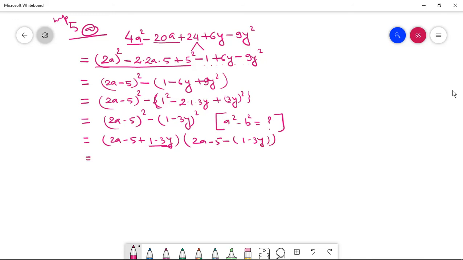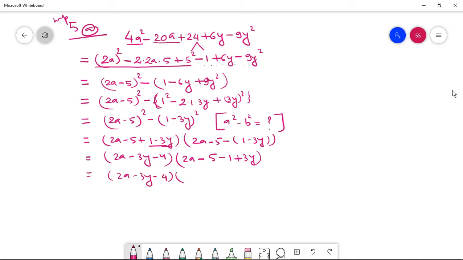Let me repeat it again, dear students. In this case we have been given this question. First my target is to make the given terms into perfect square form. The first term is a perfect square, so I have written (2a) whole square, there is no doubt.